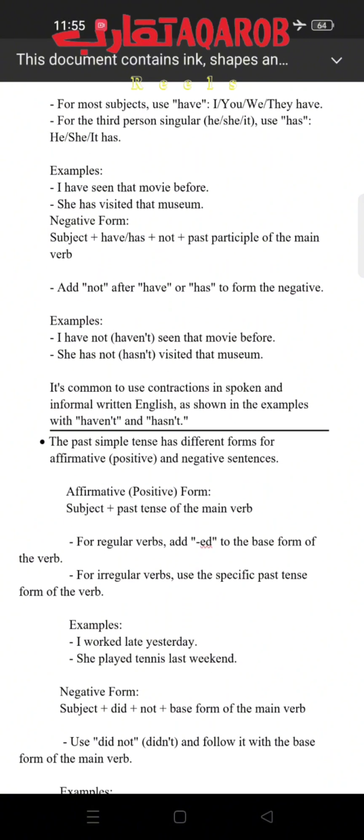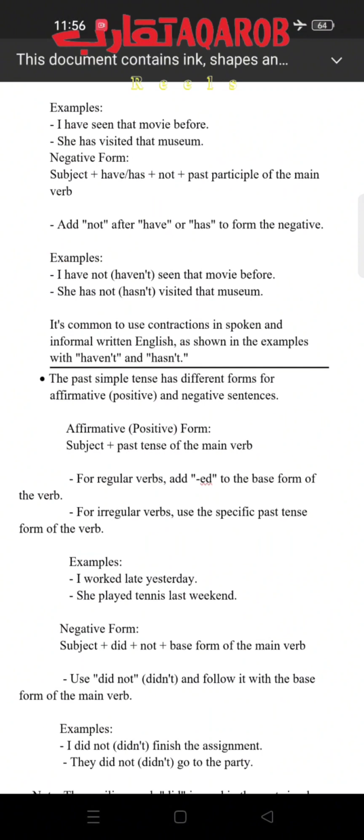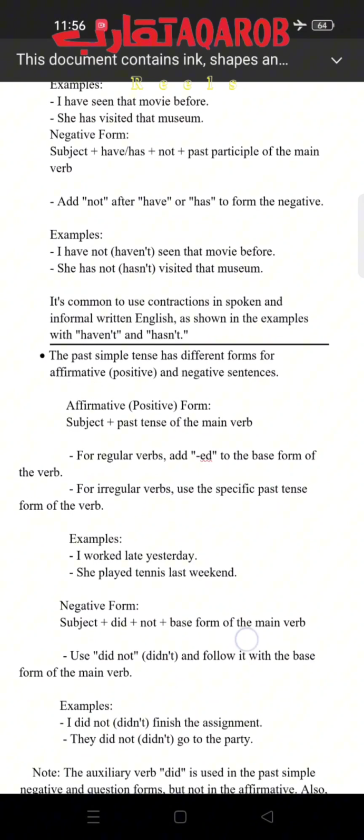For most subjects, use have. So we use have with I, you, we, they. For the third person singular, he, she, it, use has. Examples: I have seen that movie before. She has visited that museum.